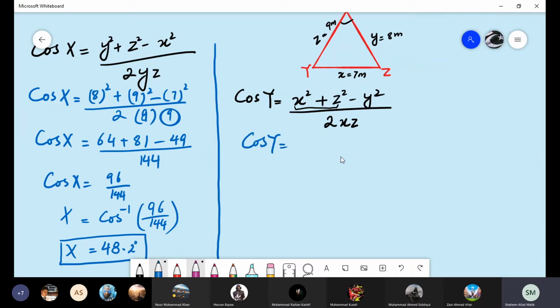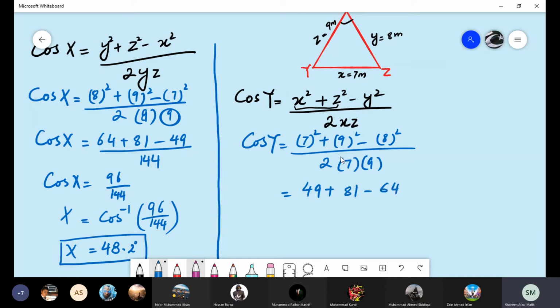Cos Y, what is X? 7. What is Z? 9. And Y, 8. Divided by 2 times 7 times 9. What is 7 square? 49. 9 square, 81. 8 square, 64.